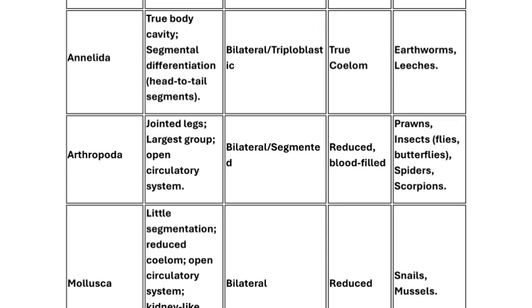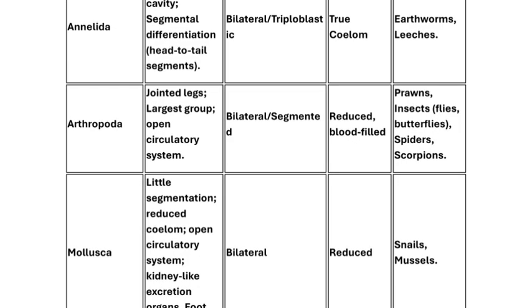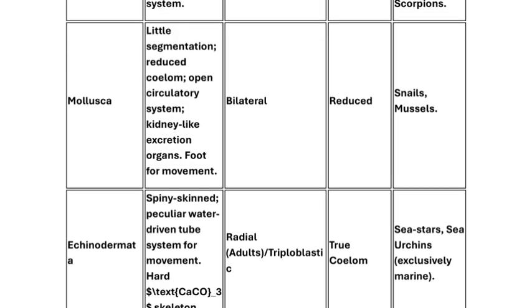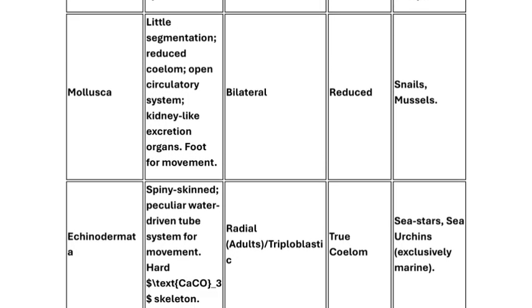Annelida: true body cavity, segmental, bilateral, triploblastic, true differentiation, coelom, head to tail segments. Examples: earthworms, leeches. Arthropoda: jointed legs, the largest group, including prawns, insects, flies, butterflies, spiders, scorpions. Bilateral, segmented, open circulatory system with blood-filled cavity. Mollusca: little segmentation, reduced coelom, open circulatory system, kidney-like excretory organs, foot for movement.